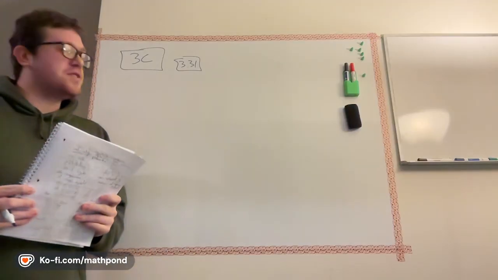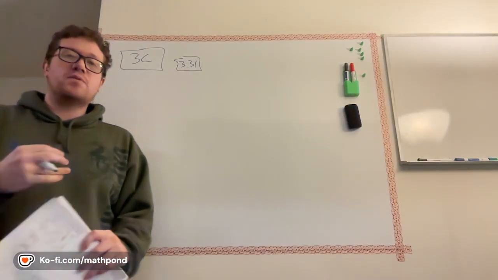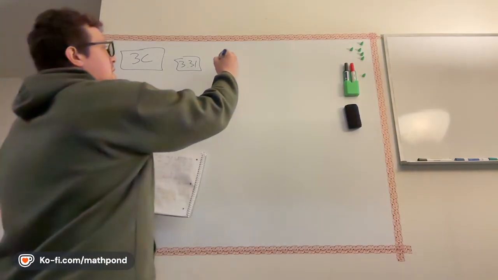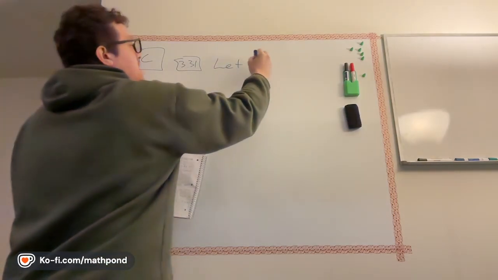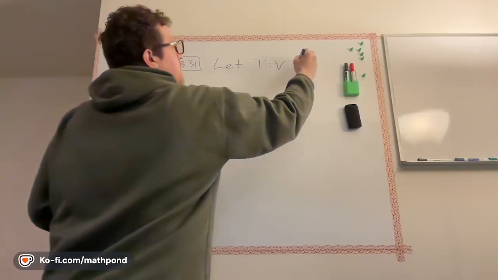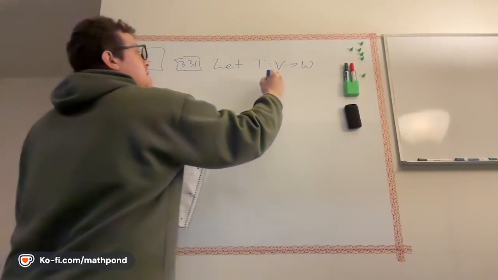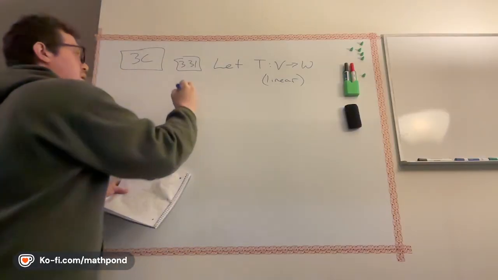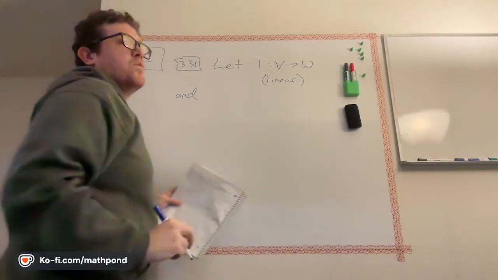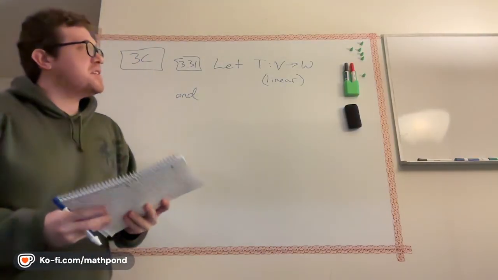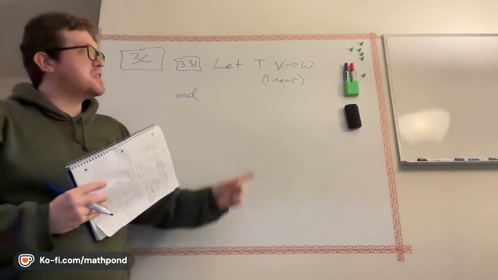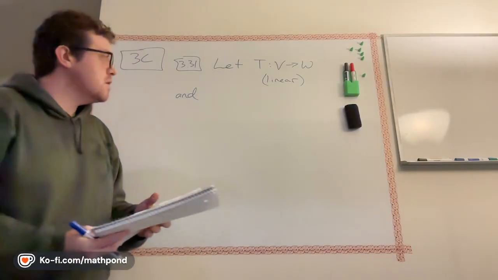It says, given a linear map between two vector spaces, let's assume they're finite dimensional, let T be a map from V to W, be linear. What we need for this definition is a basis for the domain and a basis for the codomain. So a basis for V and a basis for W.